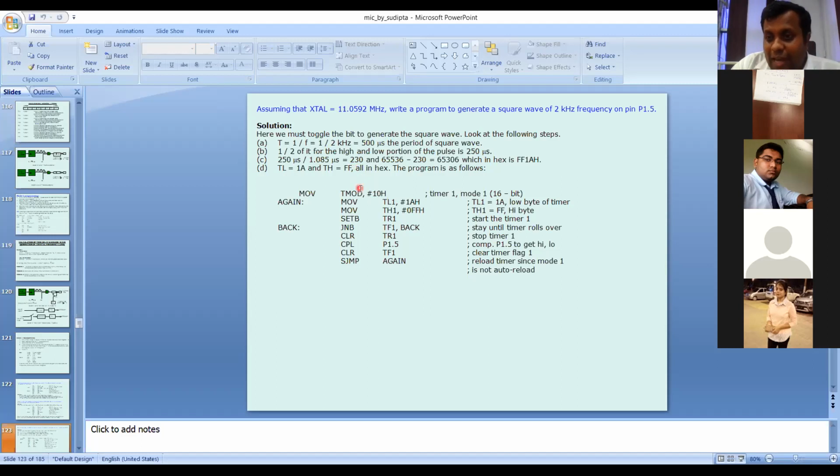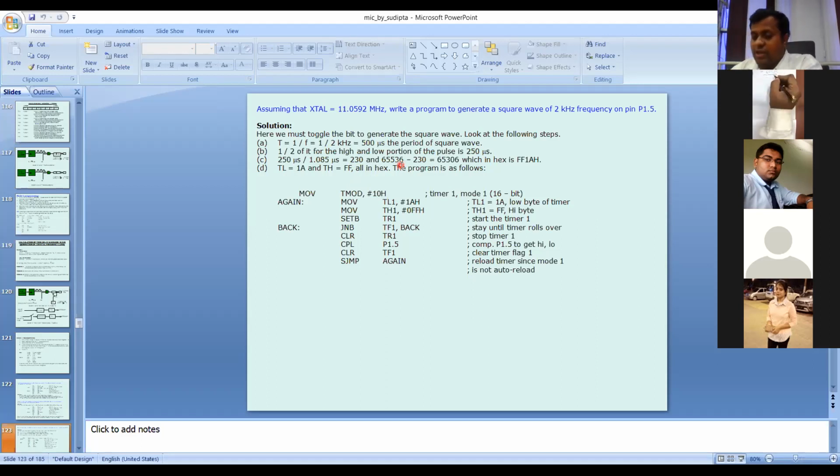So what will be the initial value? The initial value should be put in such a way that the count goes up to FFFF, taking 230 counts. That's why 65536 is nothing but FFFF plus 1. This is in decimal, and the other is in hexadecimal.